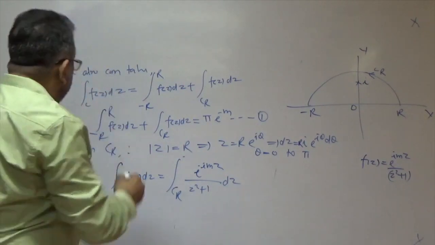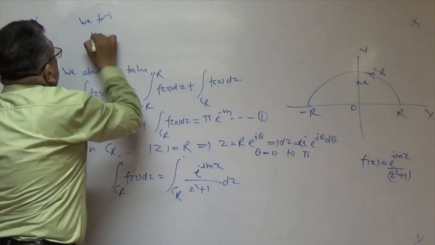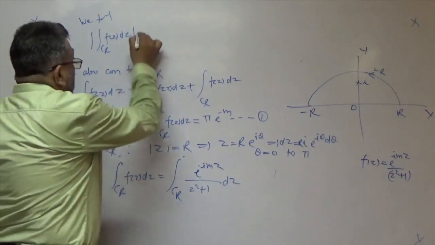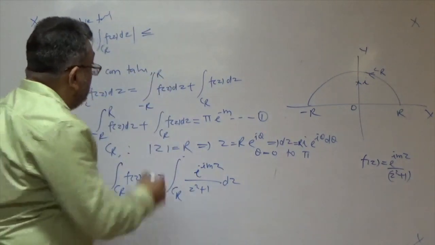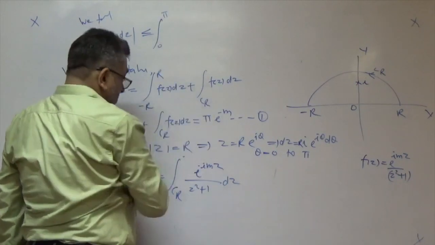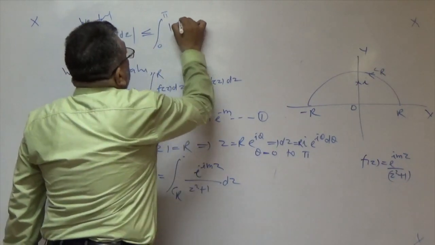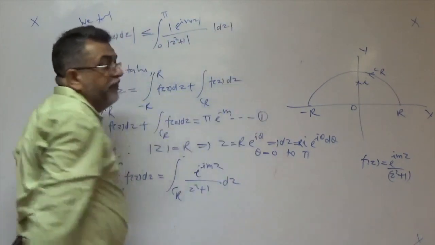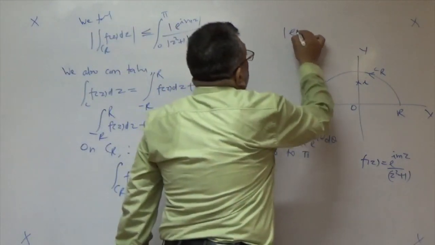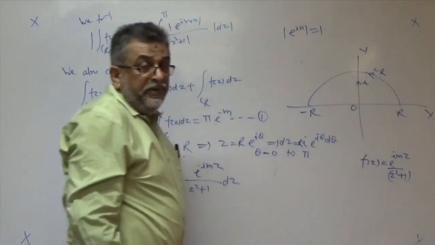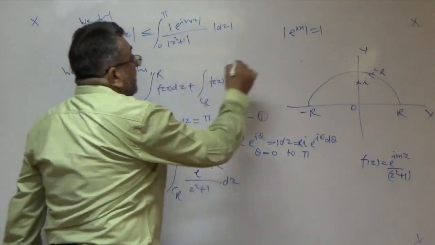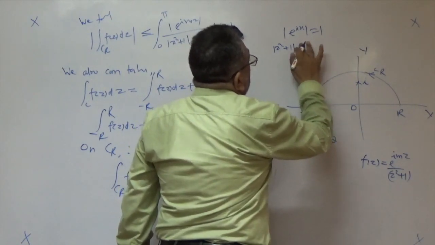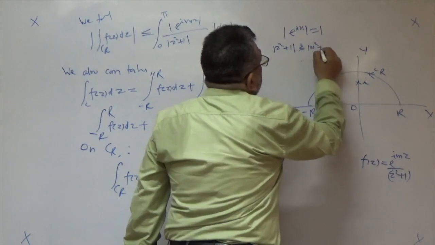If we take the mod of the integral over CR of f(z) dz, then this is the integral from 0 to pi of mod of e to the power i m z, divided by mod of z square plus 1, times mod of dz. And you know that mod of e to the power i x is already equal to 1. And further, mod of z square plus 1 is greater than or equal to mod z square minus 1.